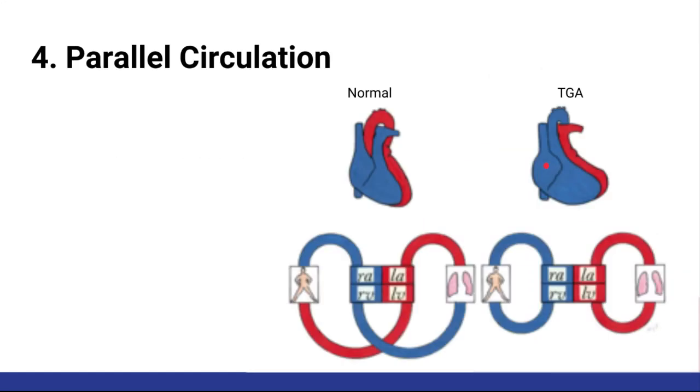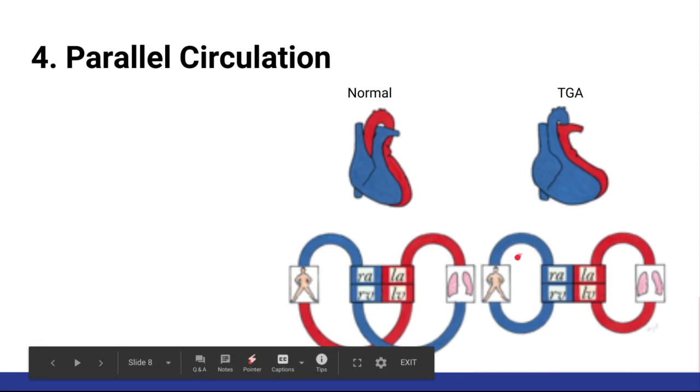Then next is parallel circulation. The typical example of parallel circulation is TGA, transposition of great arteries, when the aorta is connected to the right ventricle and the pulmonary artery is connected to the left ventricle. So there will be parallel circulation of systemic blood flow and pulmonary blood flow.